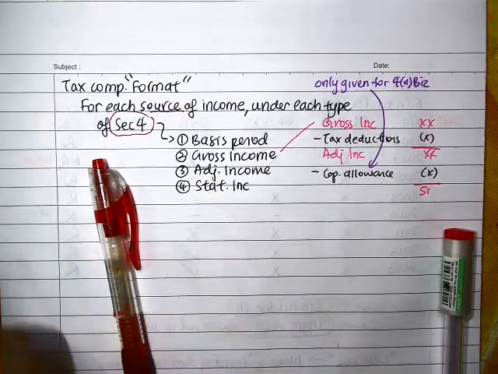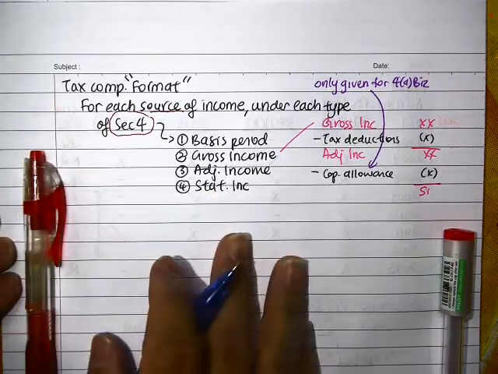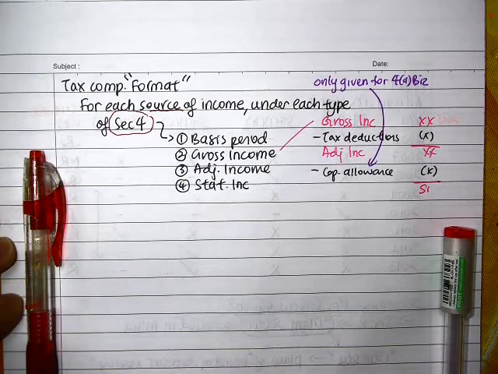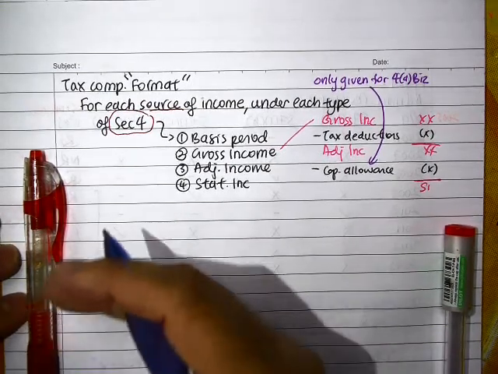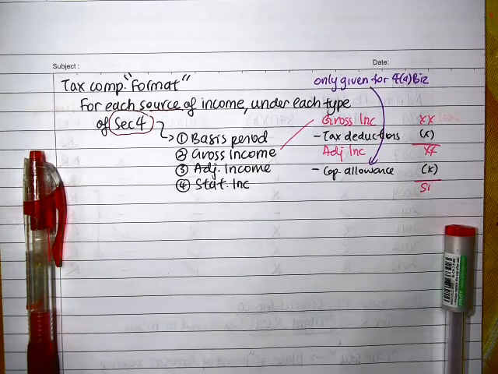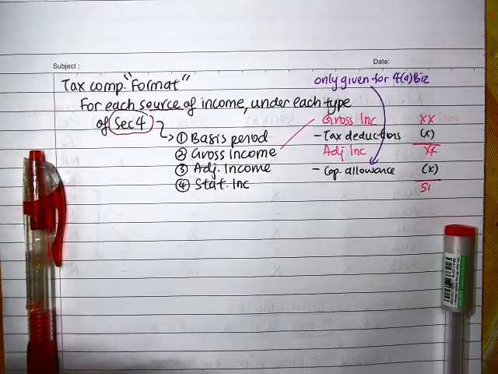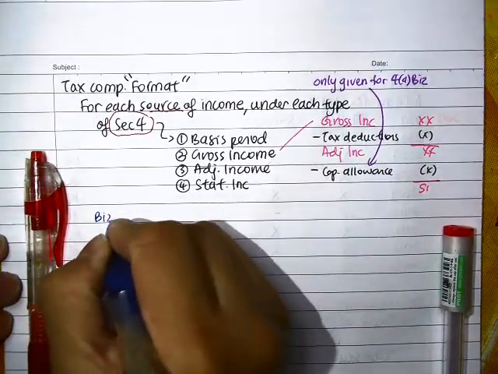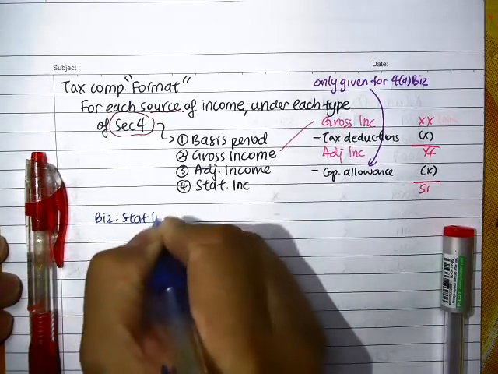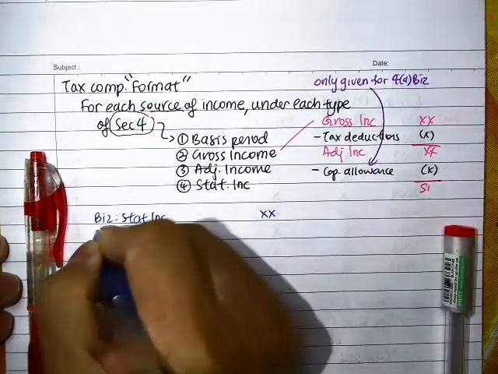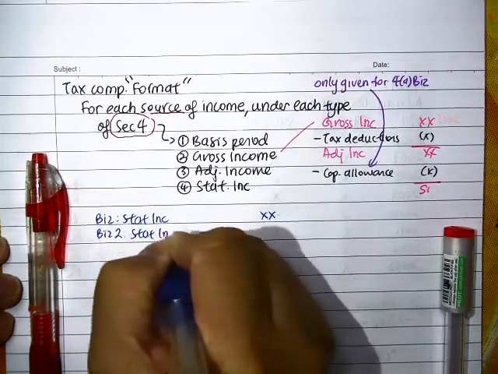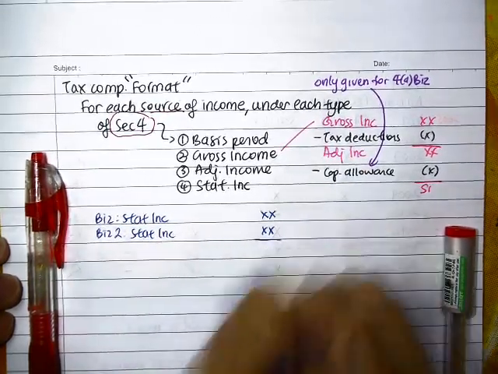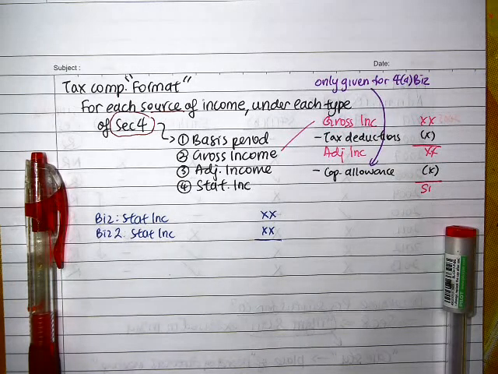Now from the statutory income, what do we do? We arrange them according to a format, right? You must take all the business statutory income and arrange it together. So if you have business 1 statutory income and business 2 statutory income, you have to arrange all the business together first.